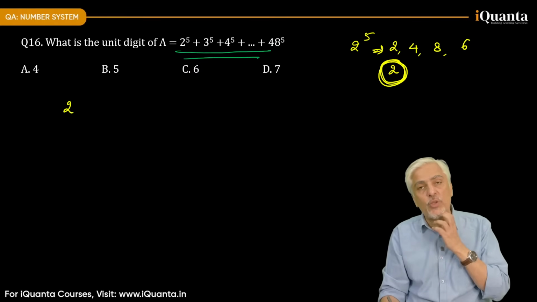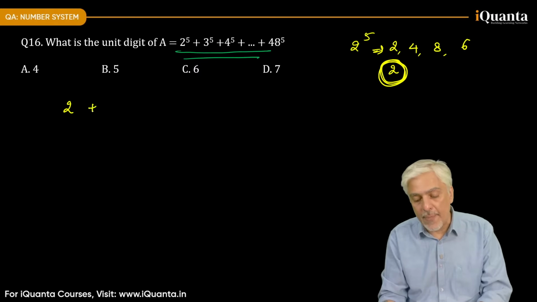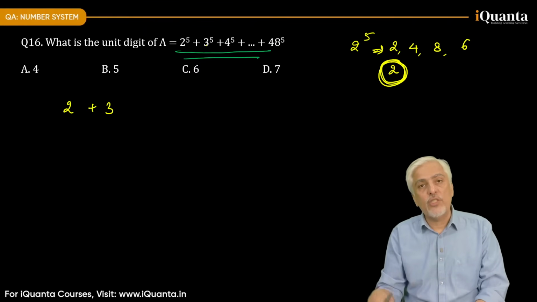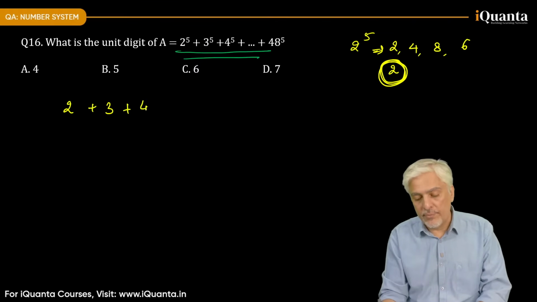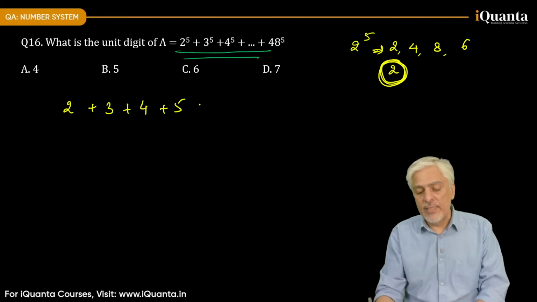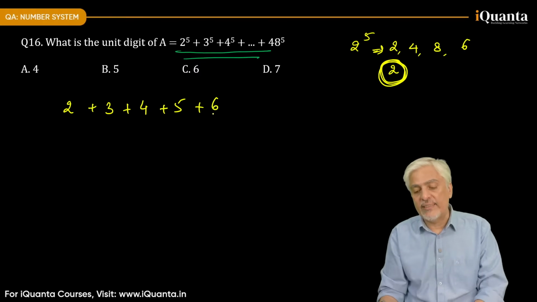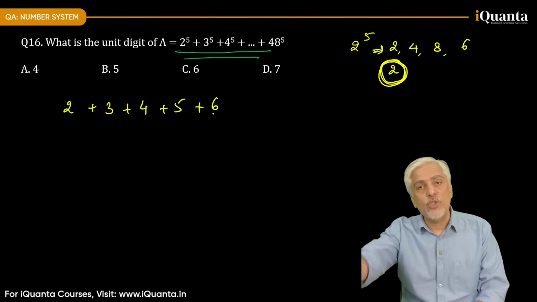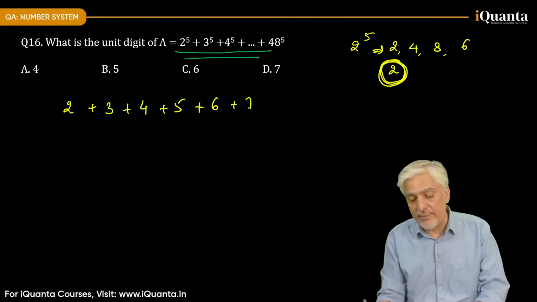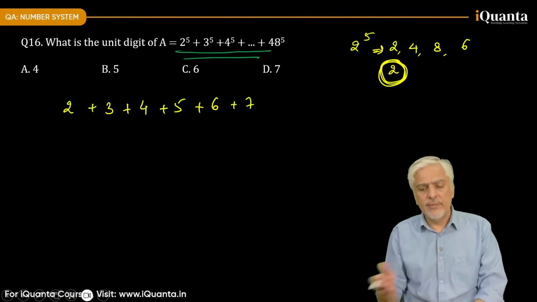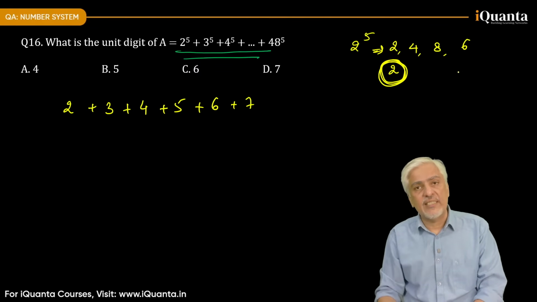If you think that way, 3 raised to 5 का last digit will be 3. 4 raised to 5 का last digit will be 4. 5 raised to anything तो is always 5, तो 5 के बारे में तो सोचना ही नहीं है. 6 raised to anything is always 6. 7 raised to 5 का last digit will be 7. You can check. 7 raised to 5 को rough work में check कर सकते हो.